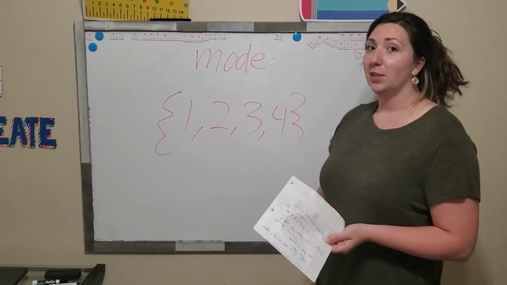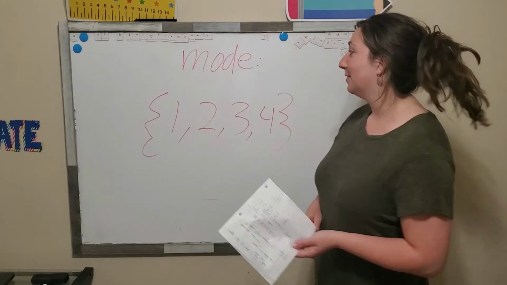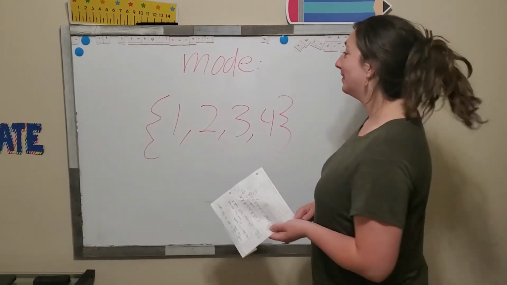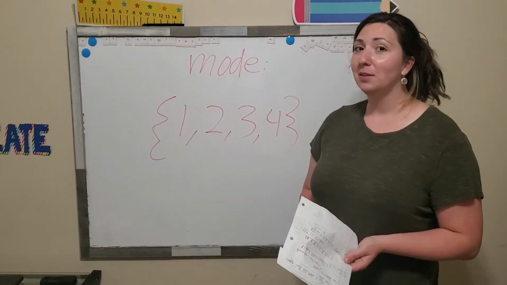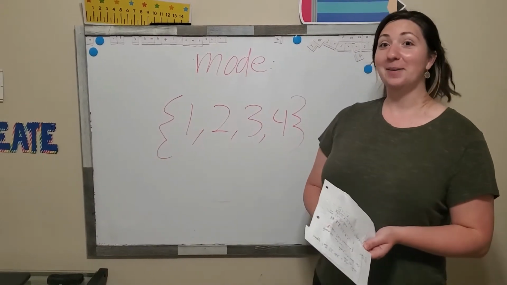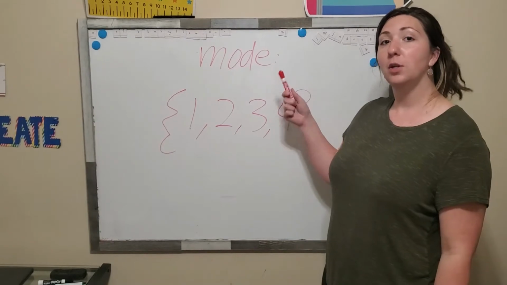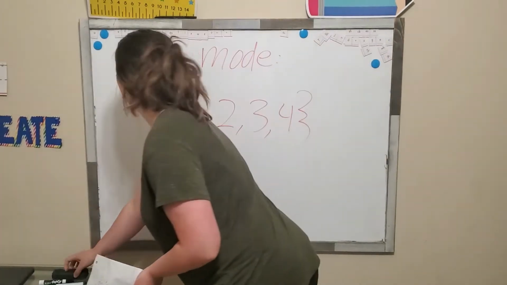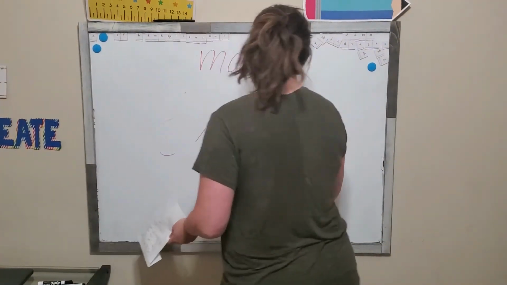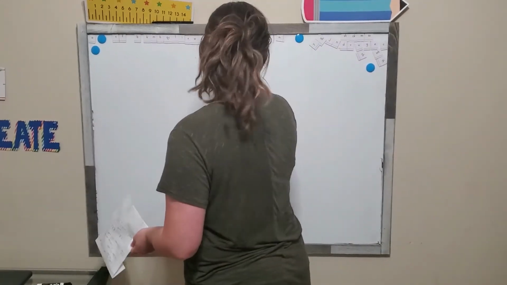Well, do you see any that are occurring more than once? I don't. So do we have a mode? No, there's no mode. So for the mode, we're just gonna put no mode here. So that was super duper easy.